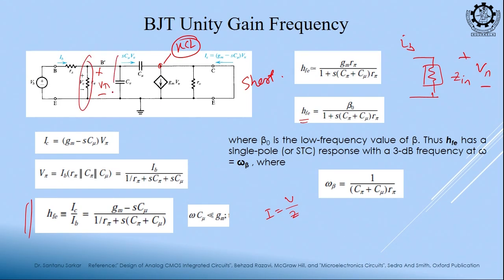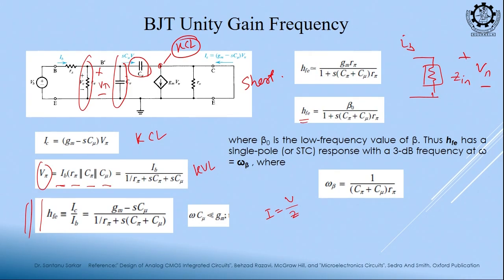Because capacitance is 1 by j omega C, these connections mean a parallel connection for capacitance, right. So, this is my impedance, R pi parallel C pi parallel C mu, and if we multiply with the base current, we will get V pi. This is a simple KCL, and then we will get this ratio.